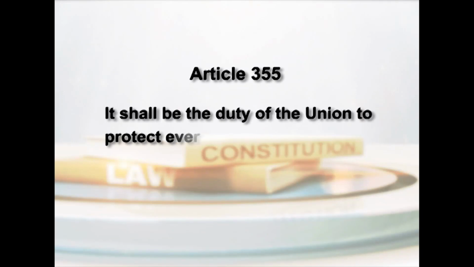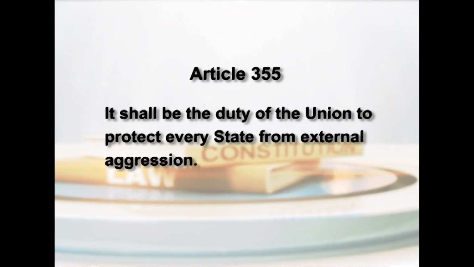Allocation of administrative responsibilities was so designed as to ensure proper execution of law, settlement of disputes between the center and the states, achieving better coordination to help grow the spirit of cooperative federalism, to serve the purpose of Article 355. What does Article 355 say? It says that it shall be the duty of the Union to protect every state from external aggression.